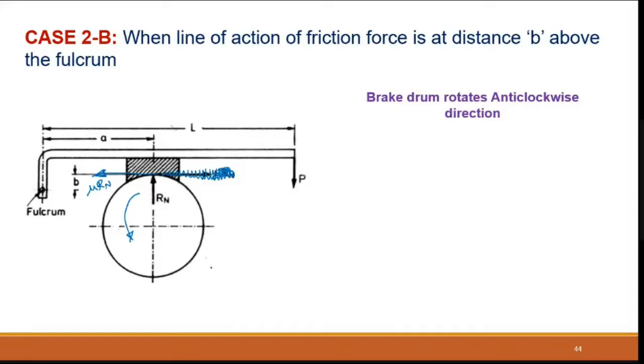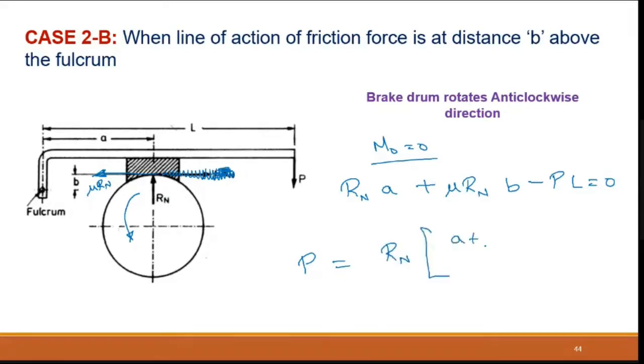In that case, if I take moment at O, we get Rn into A. This is also anticlockwise now, so plus mu into Rn into B minus P into L is equal to 0, which means P is equal to Rn into (A plus mu B) divided by L. This is applicable in case 1A, a similar type of approach.